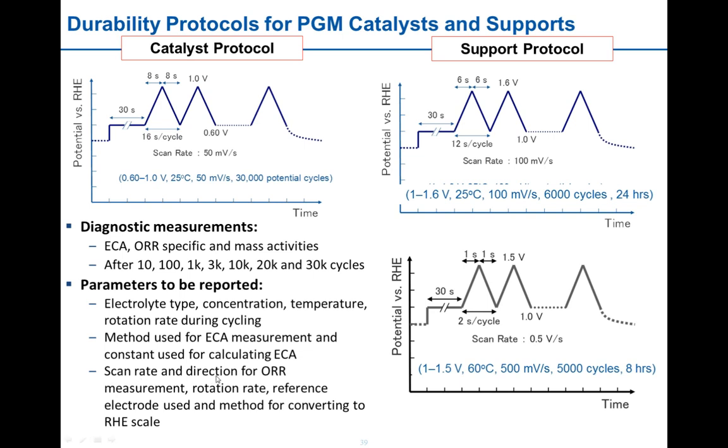Mentioning also the scan rate and direction for the ORR measurement, which Shyam mentioned is very important in the final value for that ORR activity. The rotation rate during the measurement of the ORR, and the reference electrode and the method used for converting that potential to the RHE scale.